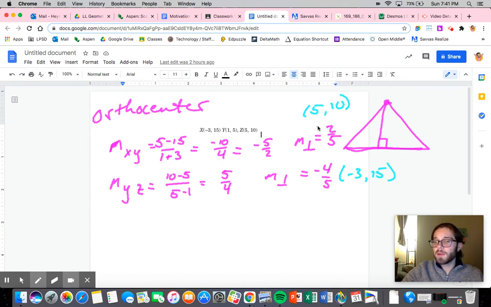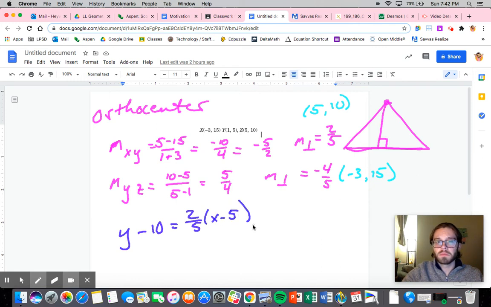Again, you should always graph it out first just to double check. The reason I didn't bother graphing this out is because this is the exact same set of coordinates I've used for all three of them, and they're not nice. Anyway, so ultimately, let's find it. y minus 10 equals 2/5 (x minus 5).